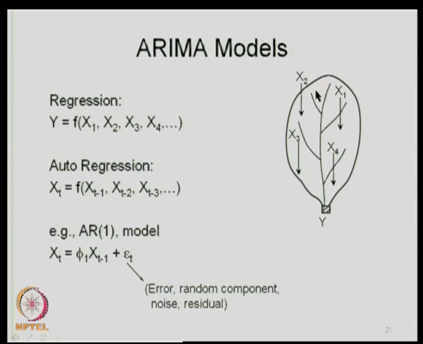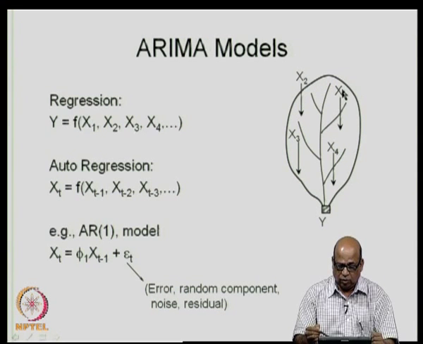Let us look at what we did in our regression. Let us say that you are looking at the flow at a particular location, which is governed by this catchment, and we called this variable y, and there were several variables. For example, rainfall was one variable, soil moisture may be another variable, your catchment slope or vegetation may be another variable, and so on.